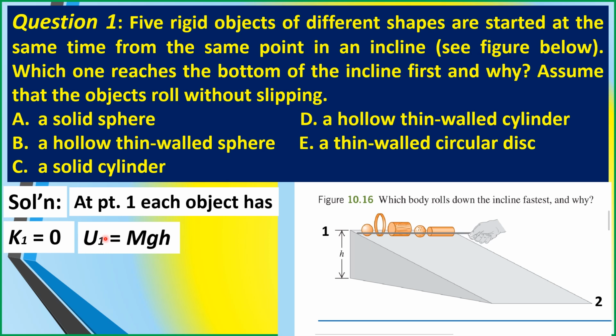That's U1 equal to, of course, mass times acceleration due to gravity times the defined vertical height. As usual, we take the foot or the bottom of the incline as our reference in defining gravitational potential energy.